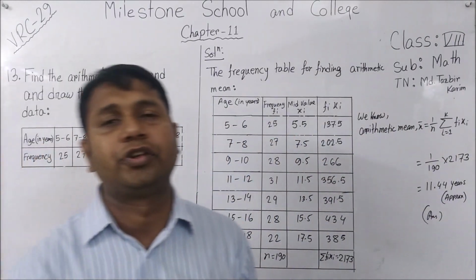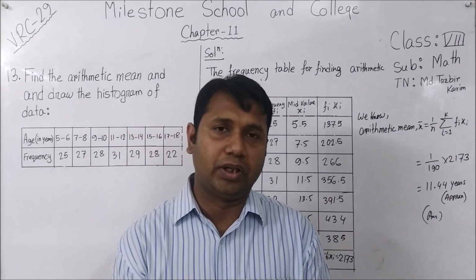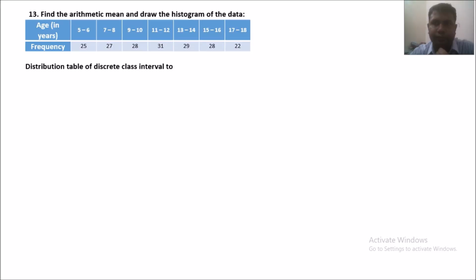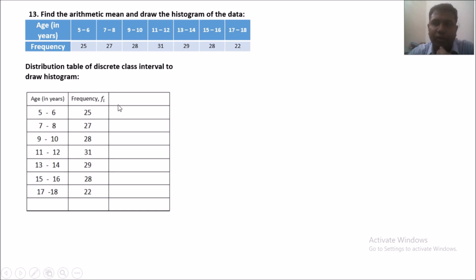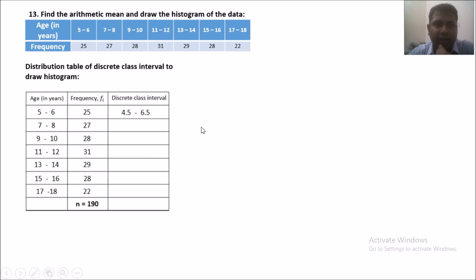Now we are going to solve the histogram of this given data. My dear students, here is the histogram of the given data, that you can see that we have to draw. So for that you can see the data is given. So now we are going to draw the discrete class interval. So here it is, you can see the number that was 5 to 6, we just wrote here 4.5 to 6.5.